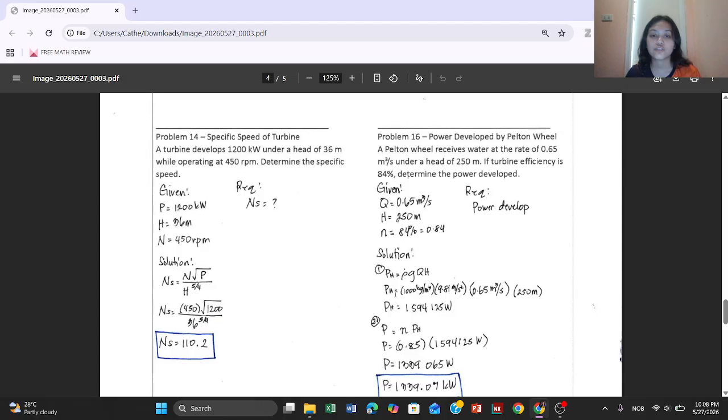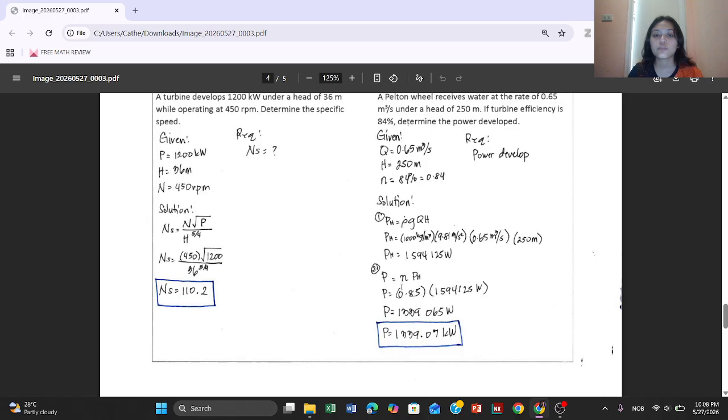First, we need to get the hydraulic power, which is the density times gravity times the discharge times the head, and we can get a hydraulic power of 1,594,125 watts. Next is to get the power developed, which is the efficiency times the hydraulic power, which is 0.85 as the efficiency times 1,594,125 watts.